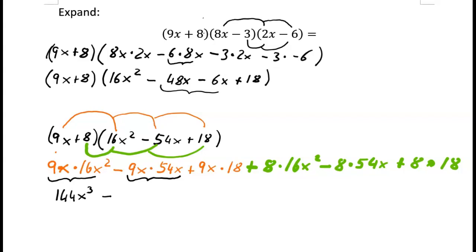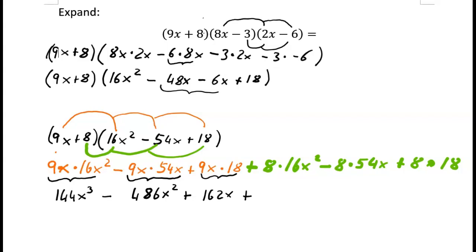That gives us negative 486x squared, if I'm not totally mistaken. Plus, we have now 9x times 18. 9 times 18, that gives 162x.